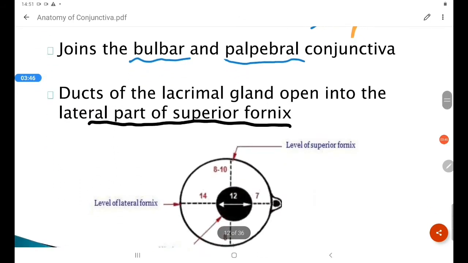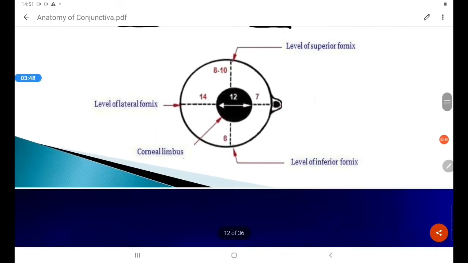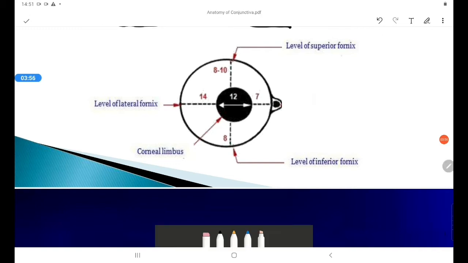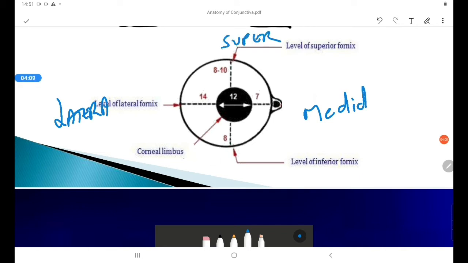Now the next part is the extent of the fornix. It is good to know how far behind on the globe the fornix of each side, that is the medial, lateral, superior and inferior, is located.